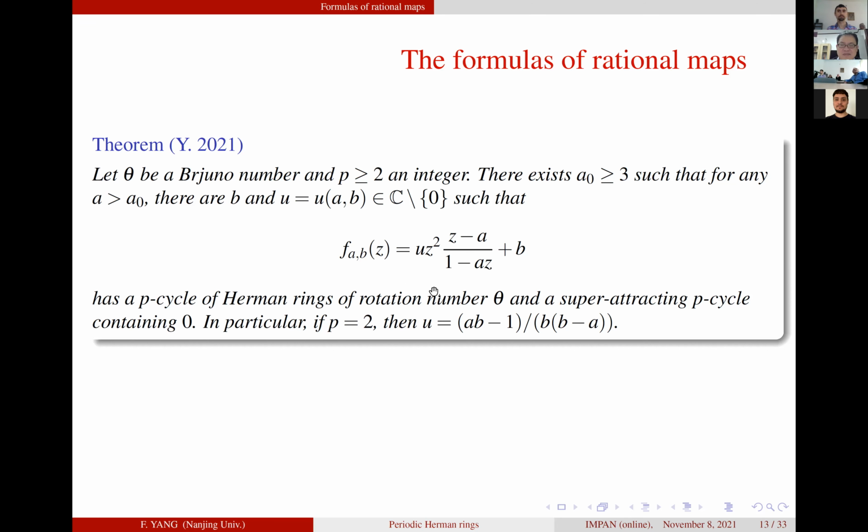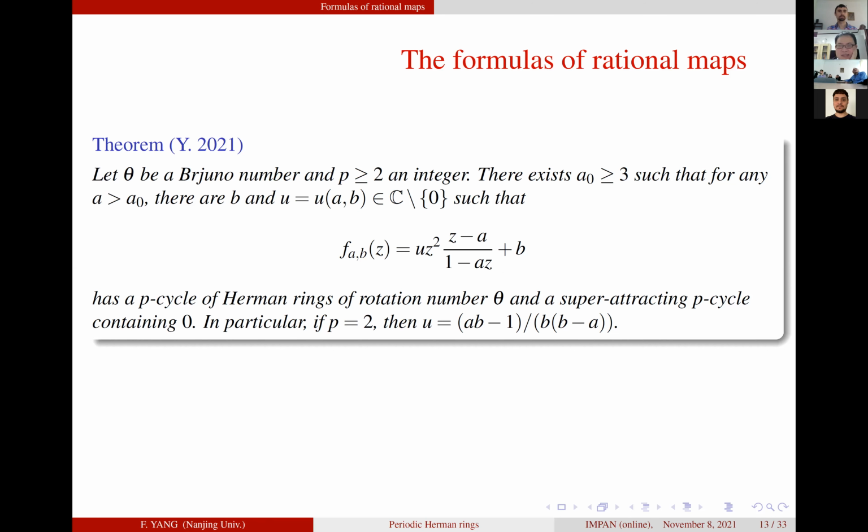Write it as Z times something like this, Z times 1, but then you perturb this constant 1 by a ratio, by a homography. Okay. Yes.